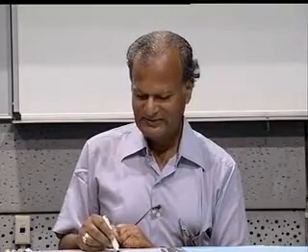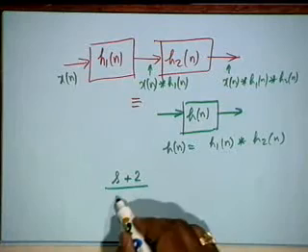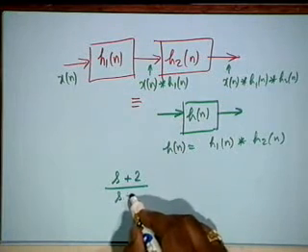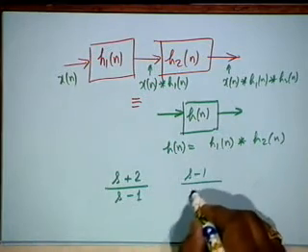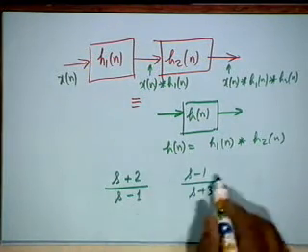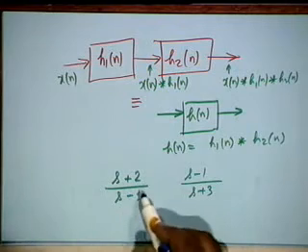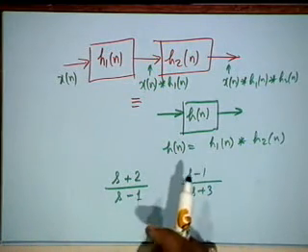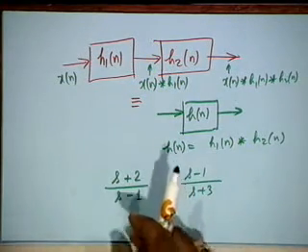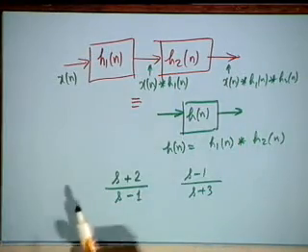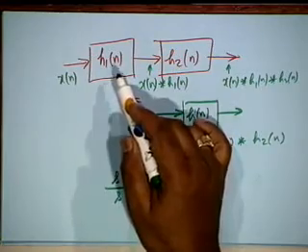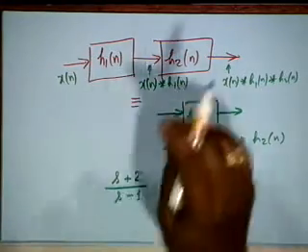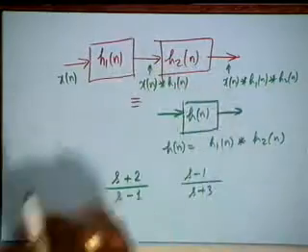If I take an example of an analog system, maybe I have a system S plus 2 divided by S minus 1, one of the systems. The other is S minus 1 divided by S plus 3. In the product, this pole shall be unobservable because it cancels with the next one. So even if this system tends not to behave, the second system makes it behave.